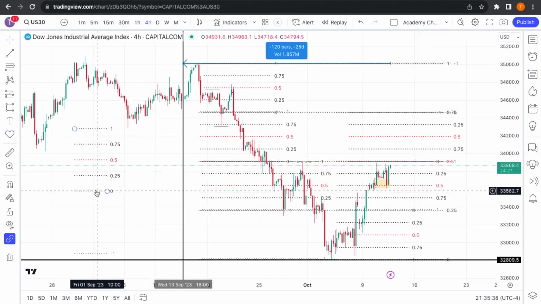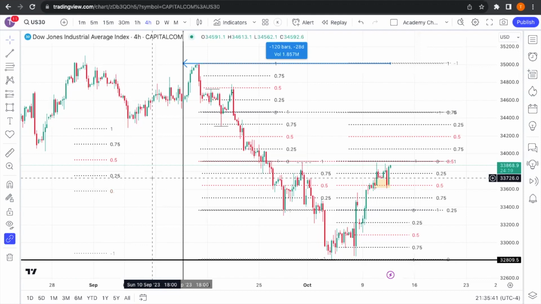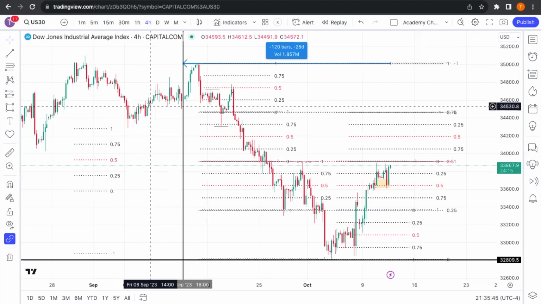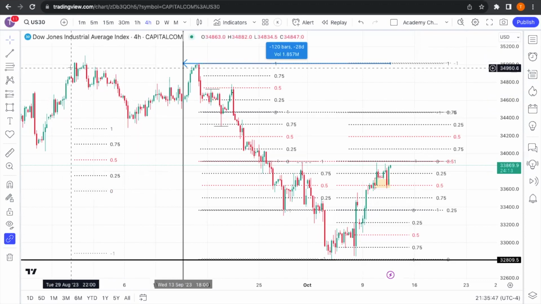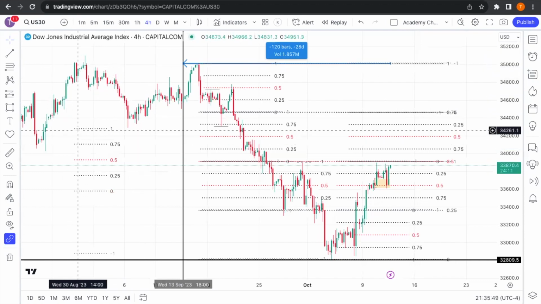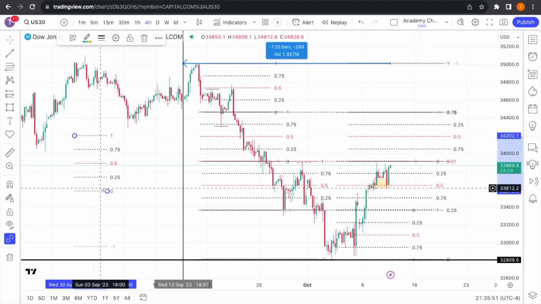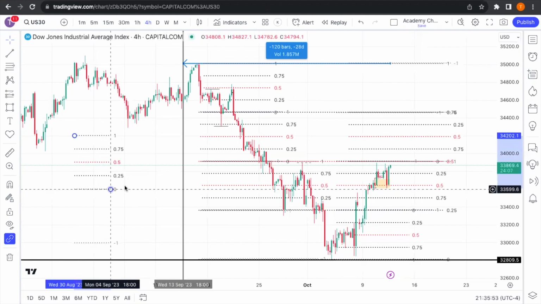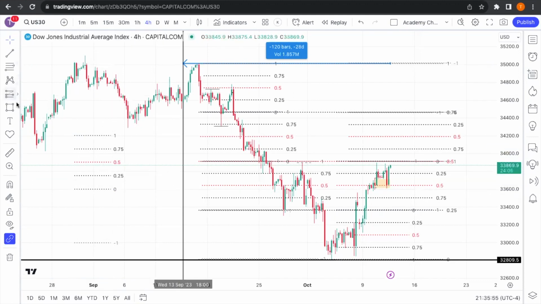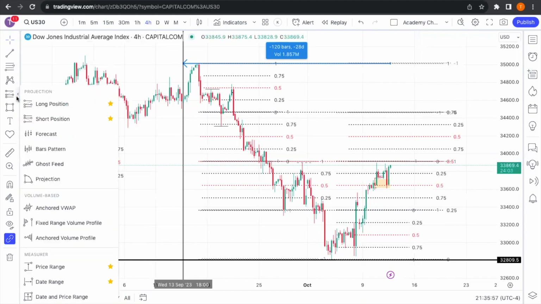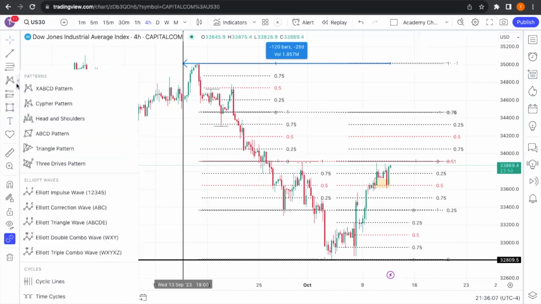That's algorithmic theory. If you look at the background, it really gives it away too. If you go to your fibs, there's fibs for measuring price up and down, but there's also time-based fibs.